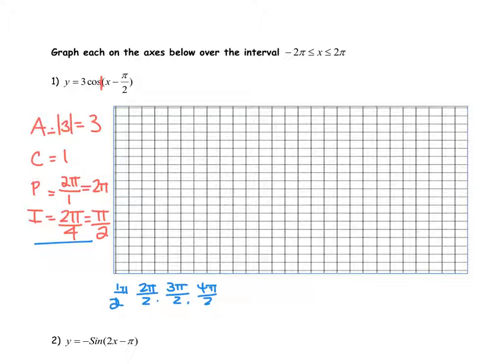So I'm going to set up my axes. And I'm going to put 4 on each side. All right, make sure you label them.